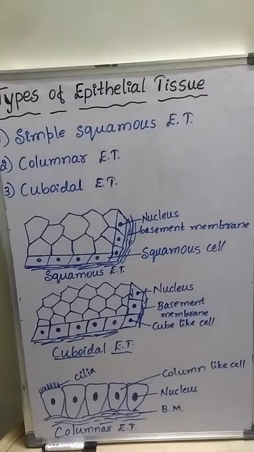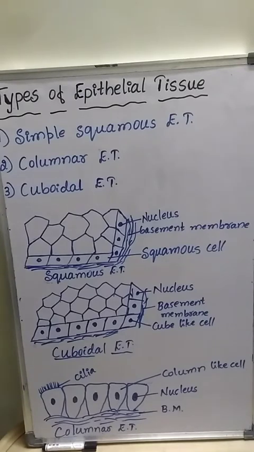When squamous epithelial tissues are arranged in many layers, it is called stratified squamous epithelial tissue. Simple squamous epithelial tissue means it is single layered.